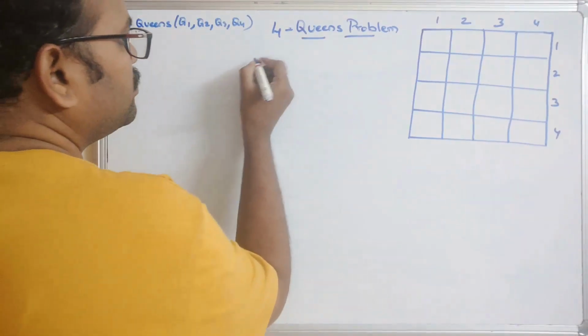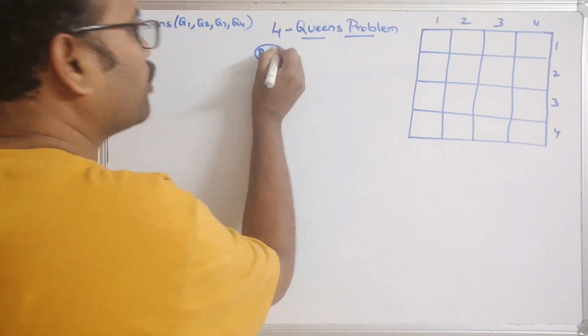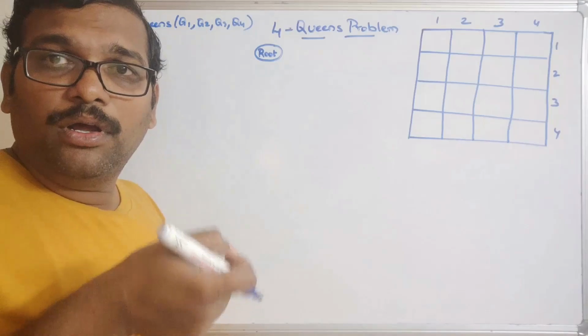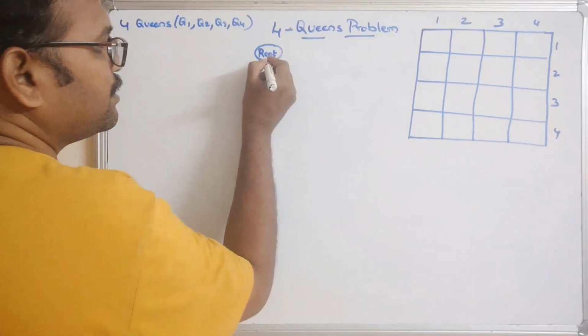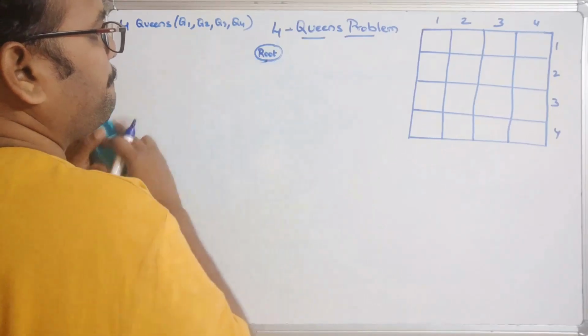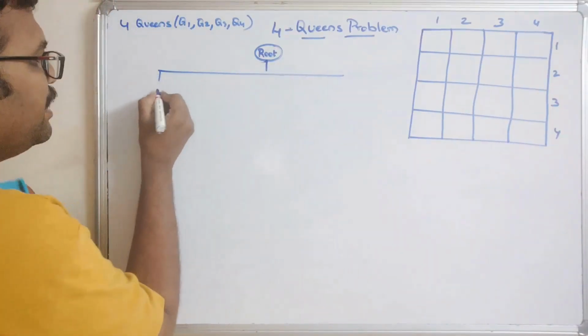Now, starting with the root, let us consider it as a root. From root we can travel first here.